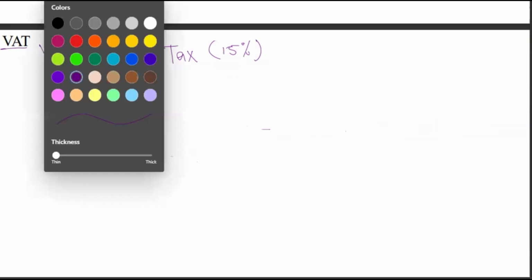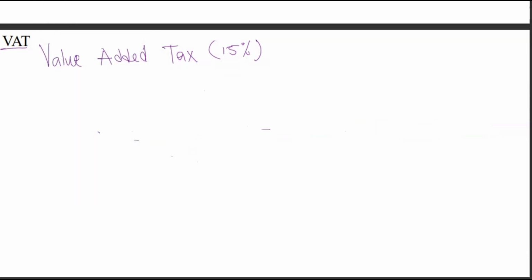Let's see how it's calculated. So, we have at first the item, which I'll write as exclusive. It has no VAT. At first, the prices don't have VAT.